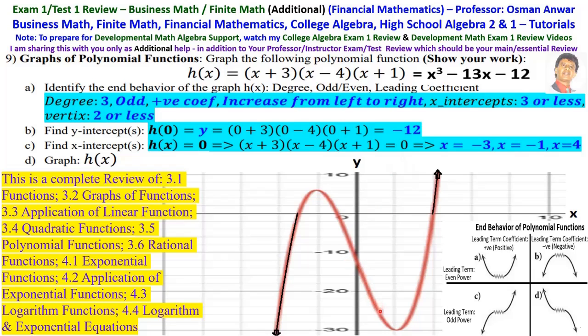Then at some point you have to turn back, and you have to cross the x-axis at 4. And that's how you graph using end behavior analysis. So in calculus, as I said, you will learn how to take the derivative and set it equal to 0 to find this maximum point and this minimum point.